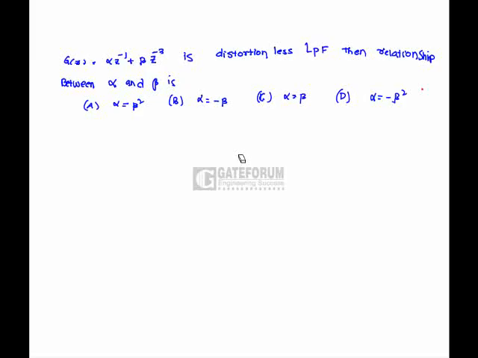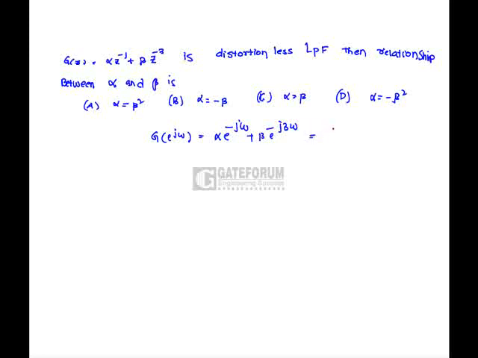G of z equals alpha z inverse plus beta z power minus 3 is a distortionless low pass filter. Then the relationship between alpha and beta is. Here for distortionless, the filter phase must be a linear function of omega. That is G of e power j omega is alpha e power j omega plus beta e power minus j3 omega.